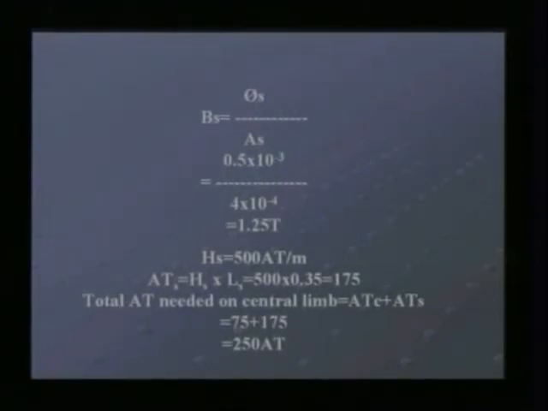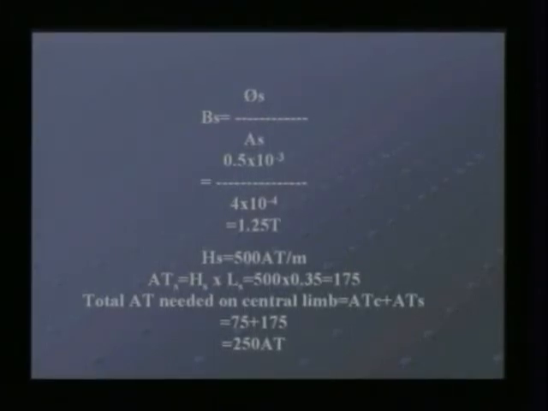Since we know that for a corresponding flux density of 1.25 Tesla, the field strength Hs is equal to 500 ampere turns per meter, the MMF of the side limb is equal to Hs multiplied with Ls, where Ls is the length of the side limb, that is 500 into 0.35, which is equal to 175 ampere turns.